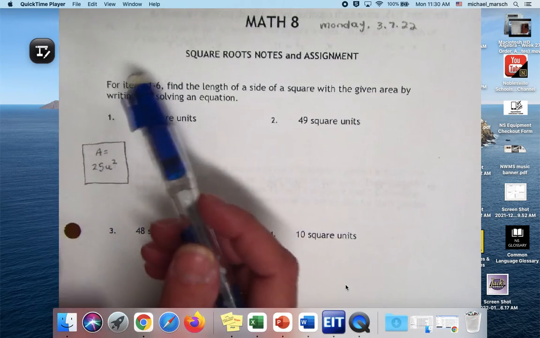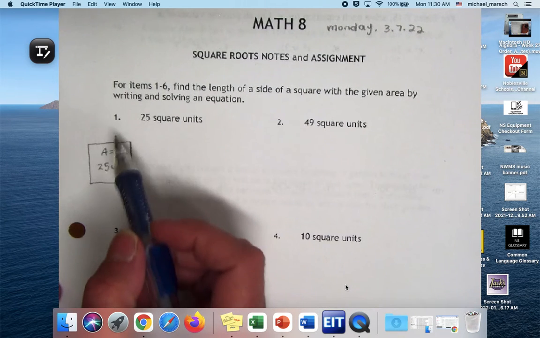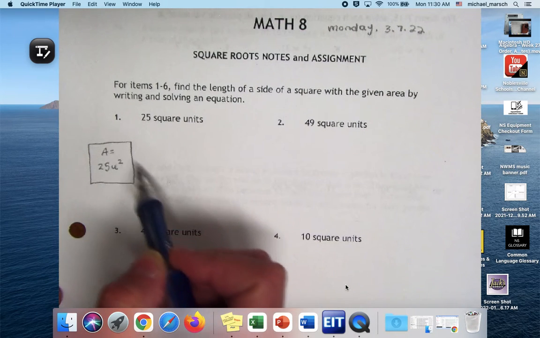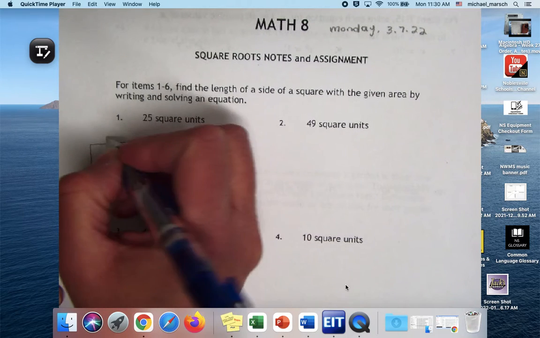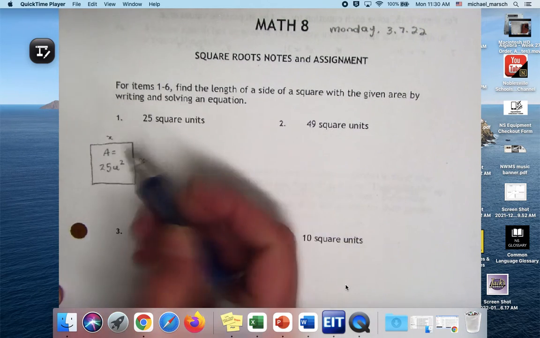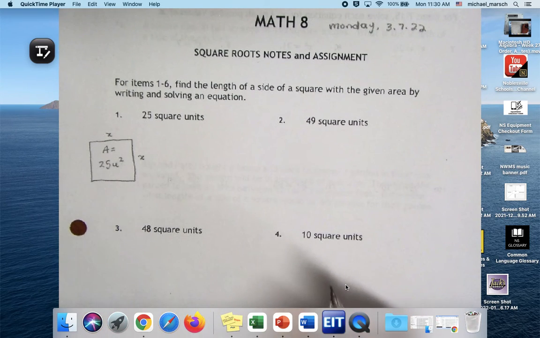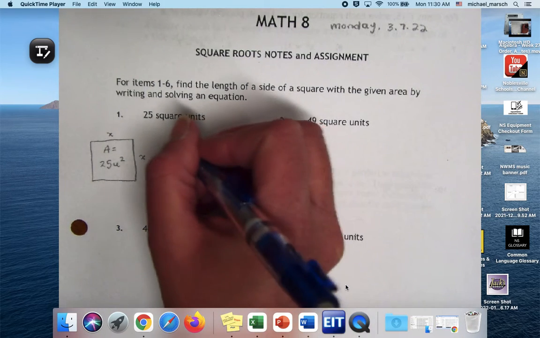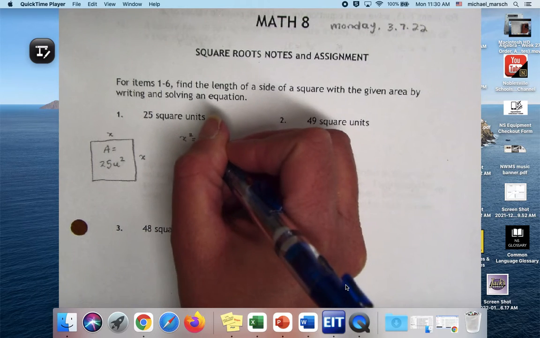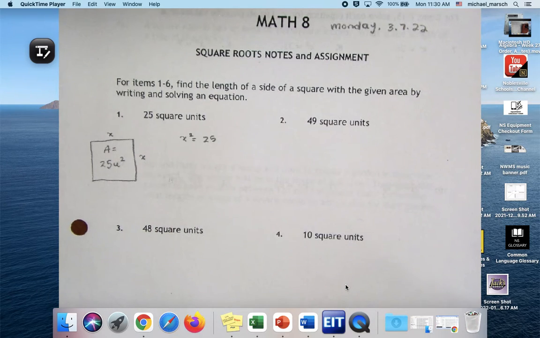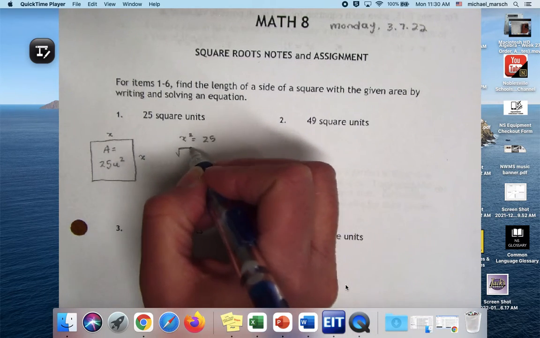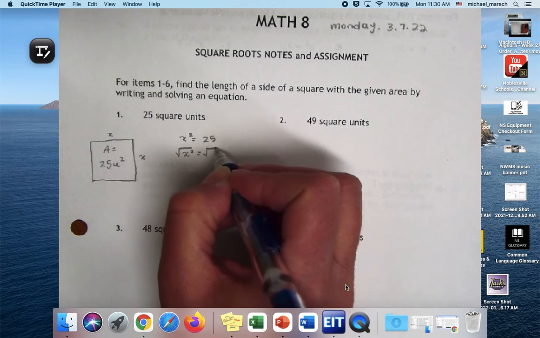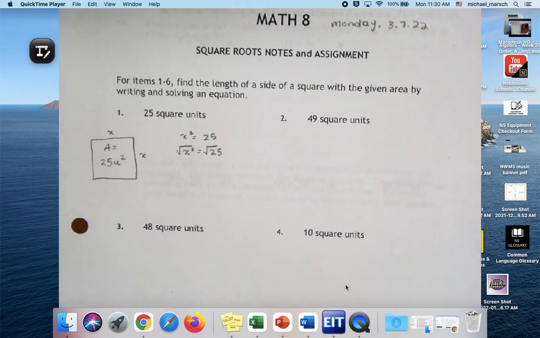Okay, so back to this. We know that side times side gives us the area of a square. So we can make those both x because they'll have the same value. Right? So if I was to make an equation for this, it would be x squared equals 25. And then we'd be at square root of x squared equals square root of 25, just like we've been doing with the Pythagorean theorem.